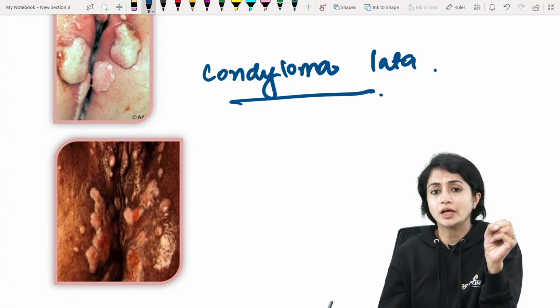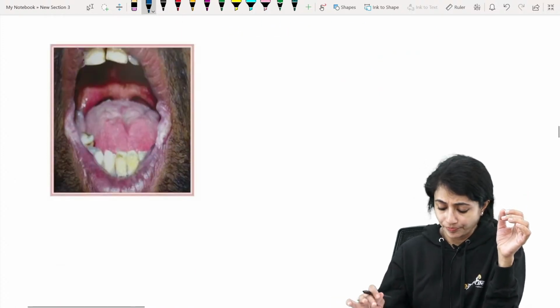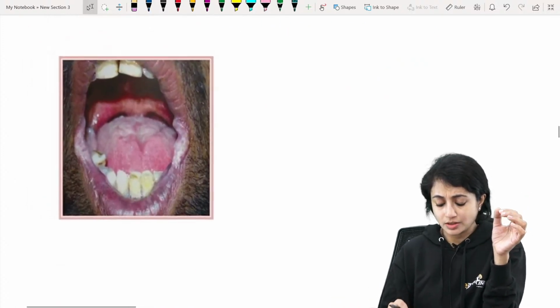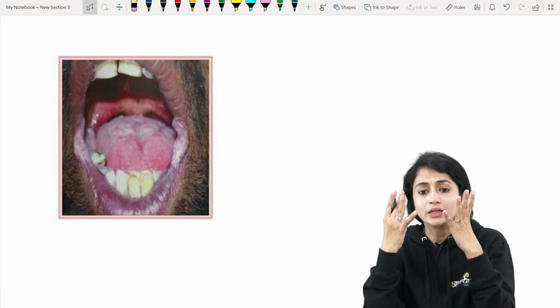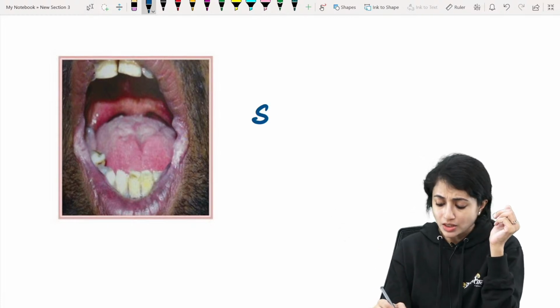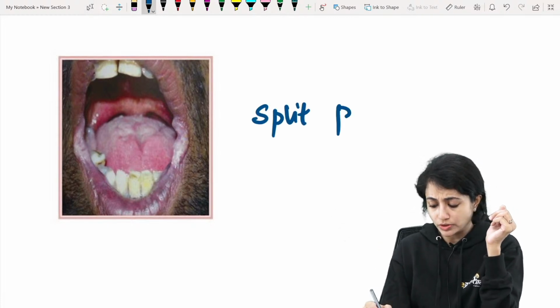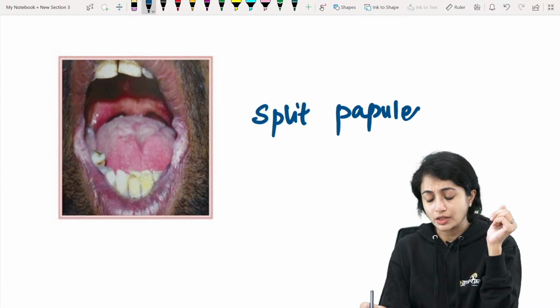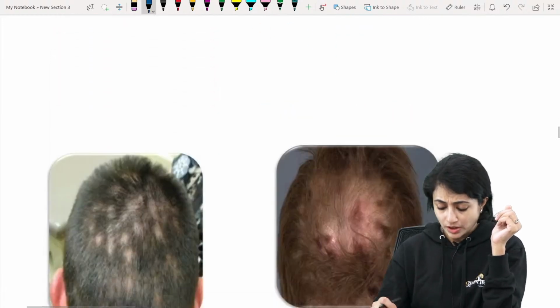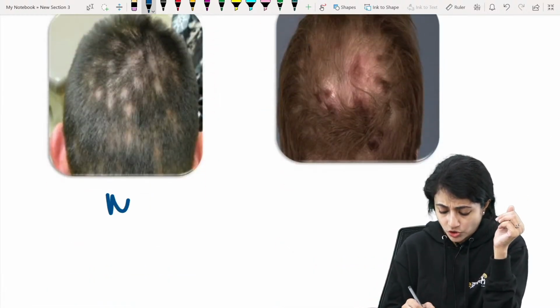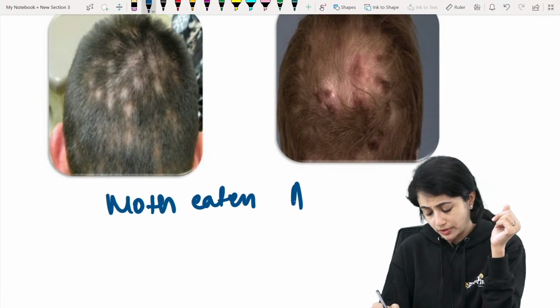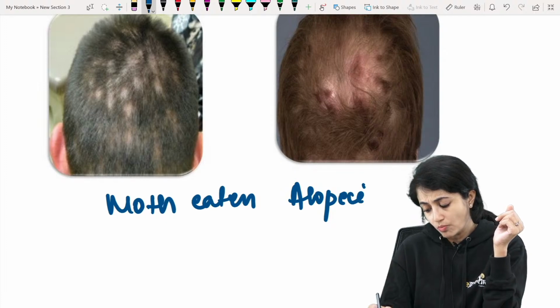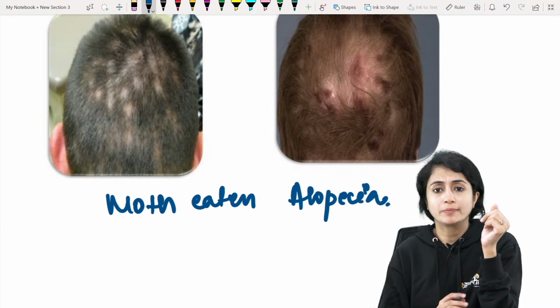Then sometimes when the papules are present at the angle of mouth, when you keep opening the mouth, they split, and they are called split papules, again a feature of secondary syphilis. In the hair, this can lead to moth-eaten alopecia.